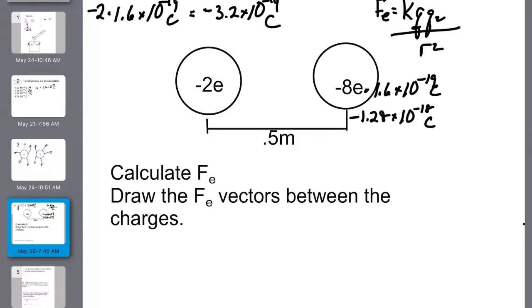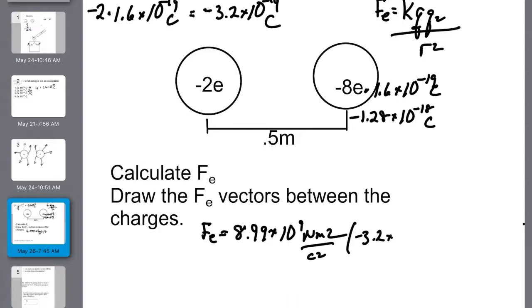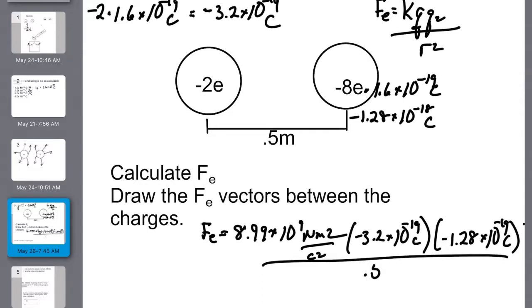So now we're just going to plug everything into my equation. Fe equals, now K is on the front page of your reference table, 8.99 times 10 to the 9th newton meters squared over coulomb squared times the negative 3.2 times 10 to the negative 19th times negative 1.28 times 10 to the negative 18th all over the 0.5 meters.